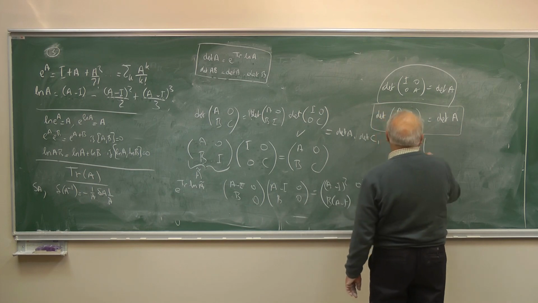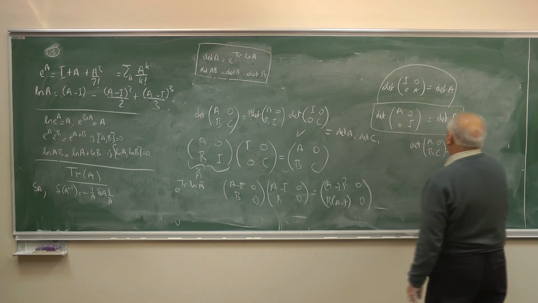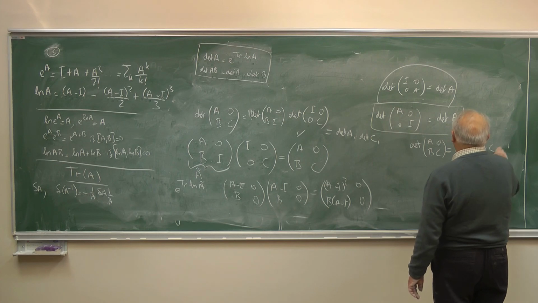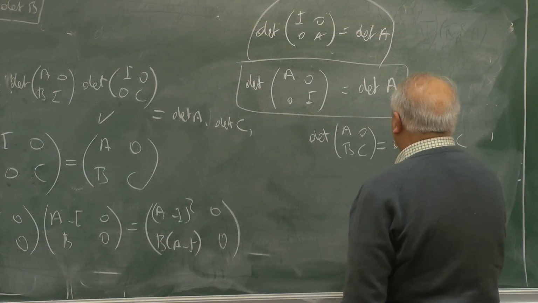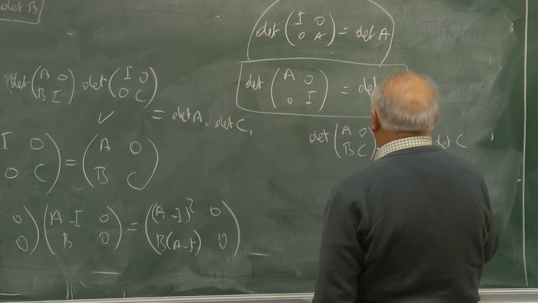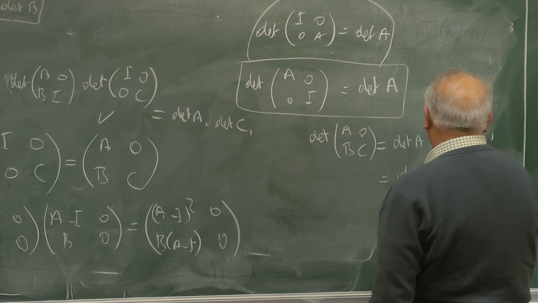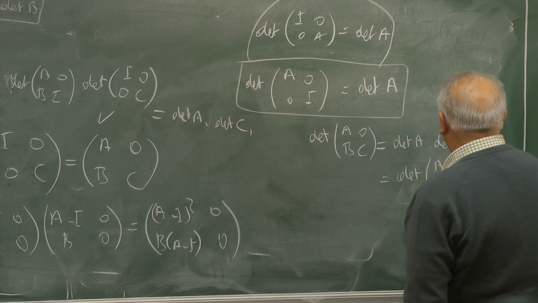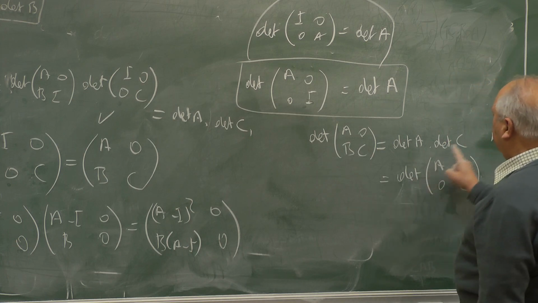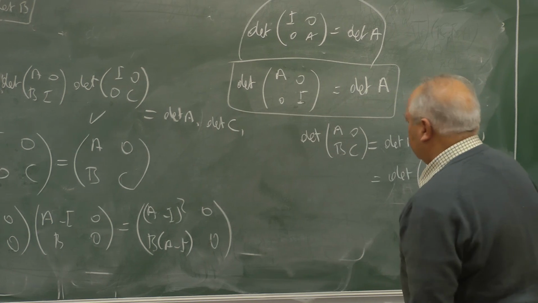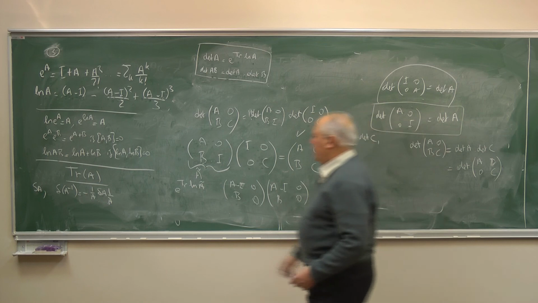Determinant of A, B, 0, C is equal to determinant A times the determinant C. It is clear that A, B, C, 0 with a different B, let's say D, will again be determinant A, determinant C. Whether we have a block matrix here or block matrix there doesn't matter. I am erasing.